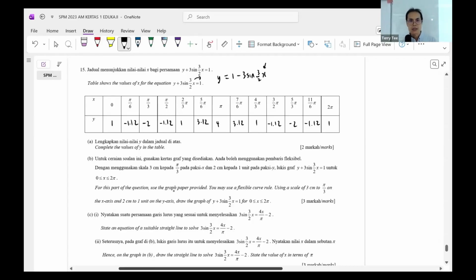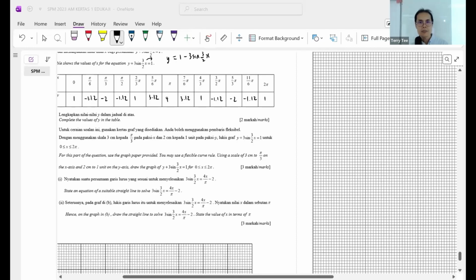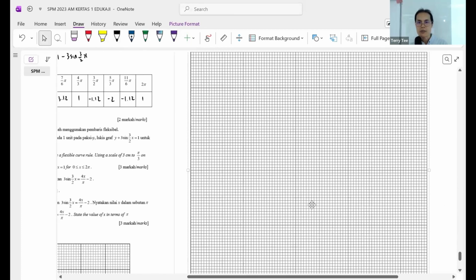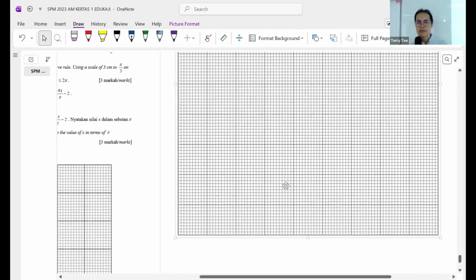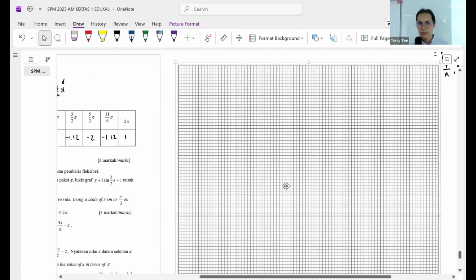They say use the scale 3 cm to pi over 3. Okay, all right. So let me plot on the graph paper here on the right hand side. They say 2 cm to 1.5. So I need 9 boxes horizontally. Vertically maximum is 4, minimum is negative 2.